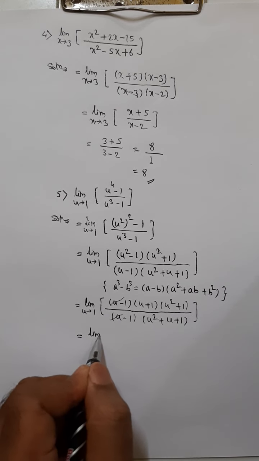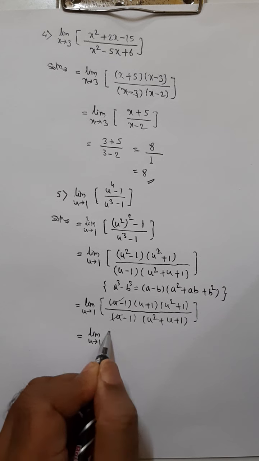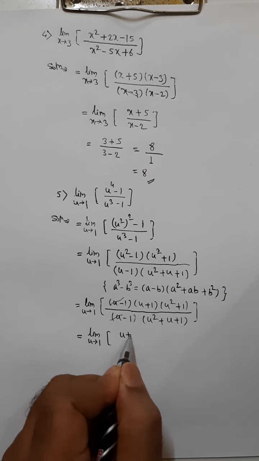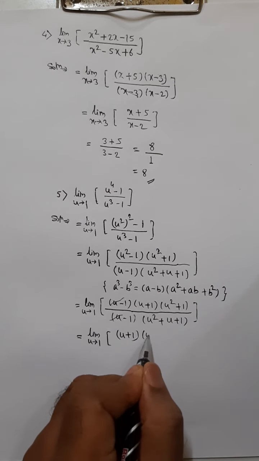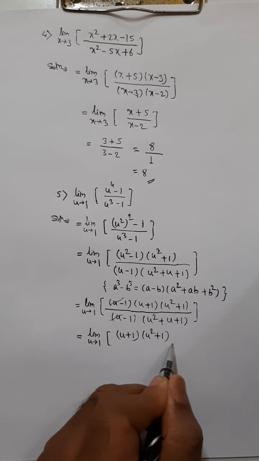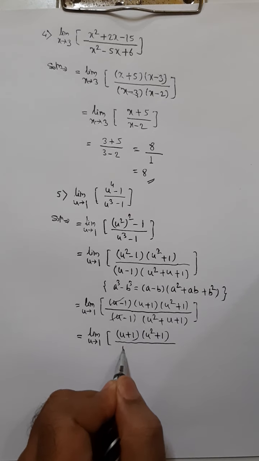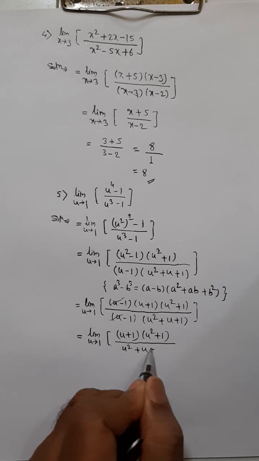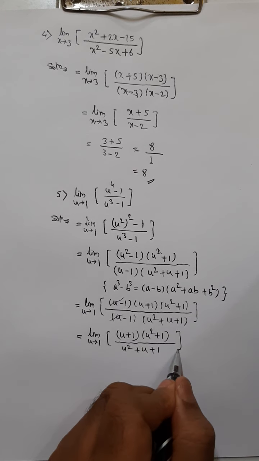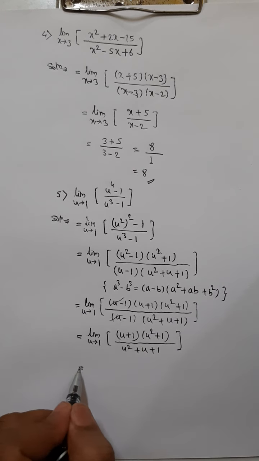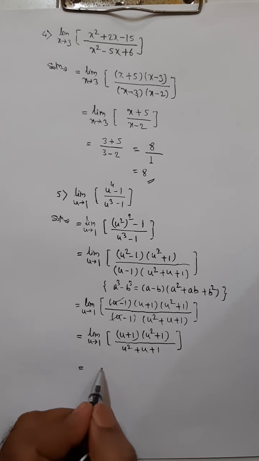So it is equal to limit as u tends to 1, (u + 1)(u² + 1) divided by (u² + u + 1), and after cancelling common factor, now we can take the limit. U tends to 1, so put u equal to 1 here.